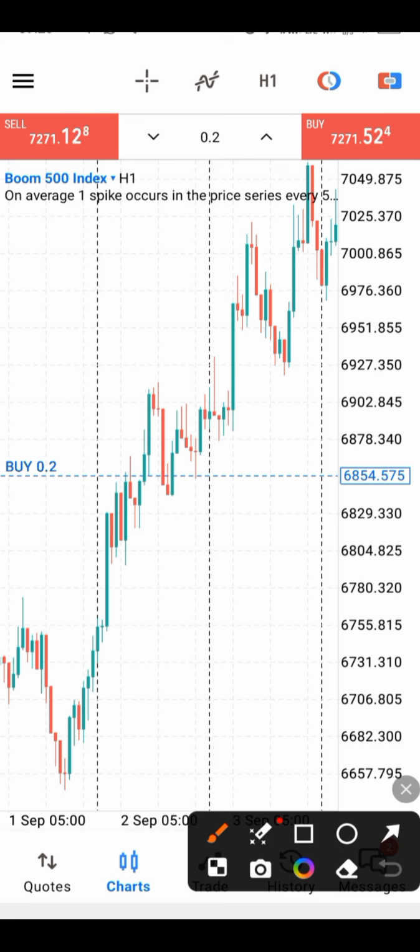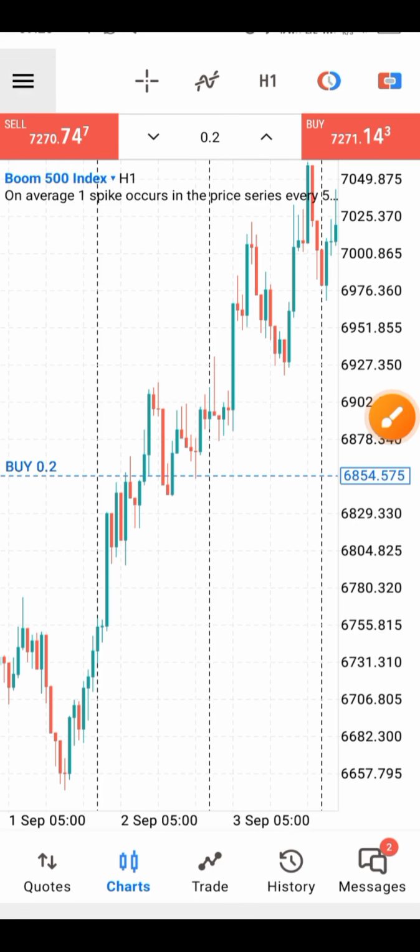Then I see that these three candles now, there is a gap here. There's a gap there. And I'm expecting price to come back to that gap. So if you go to lower time frame, that's a very wide one actually.